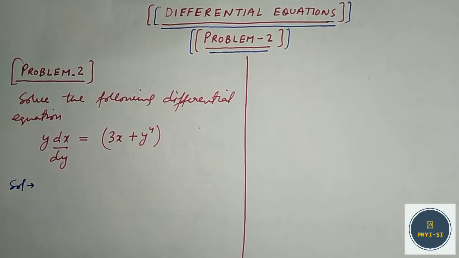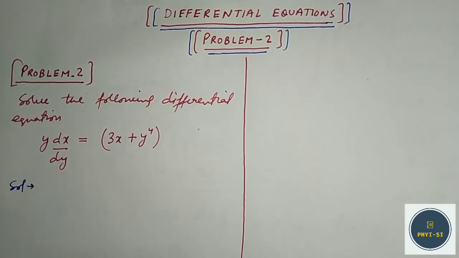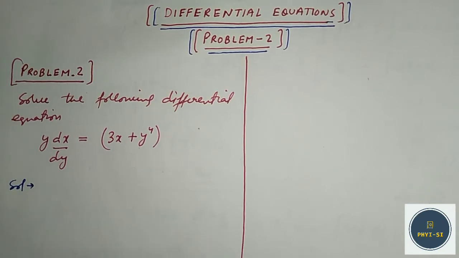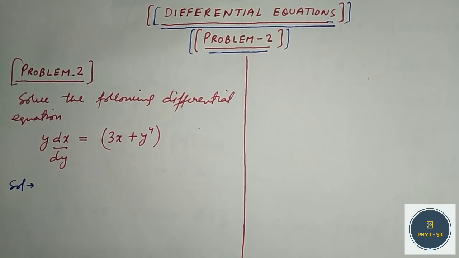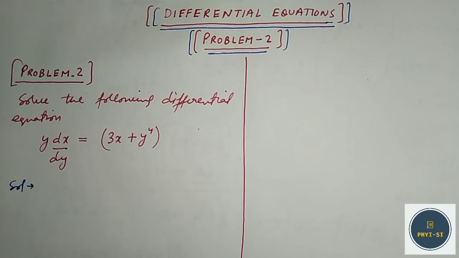So we will solve this differential equation by the method of substitution, so that we can change it into a type of homogeneous differential equation, and then we will apply the separation of variables to find the final solution.